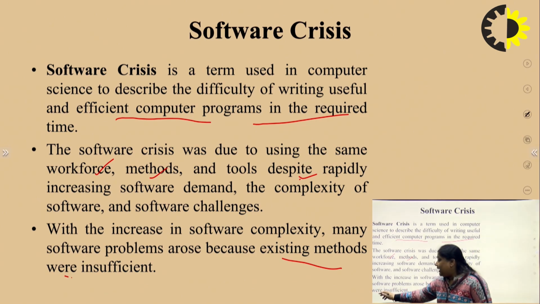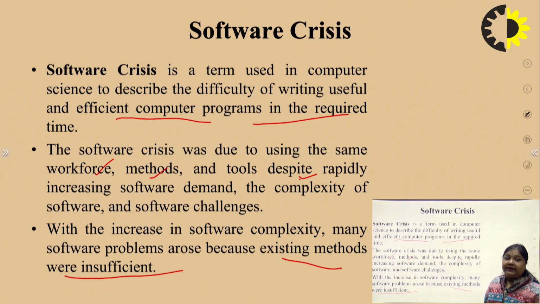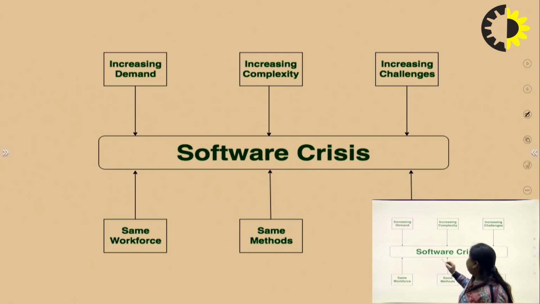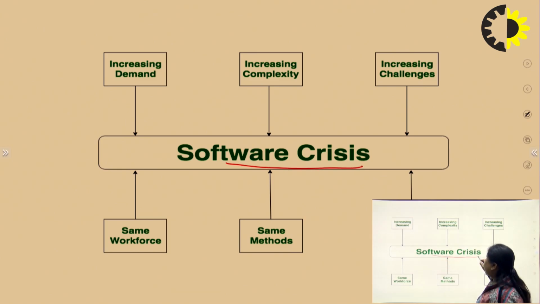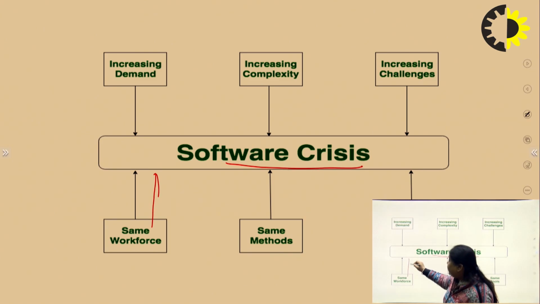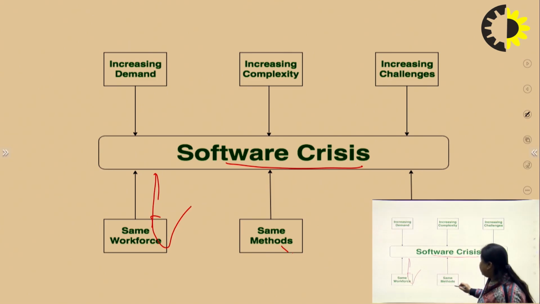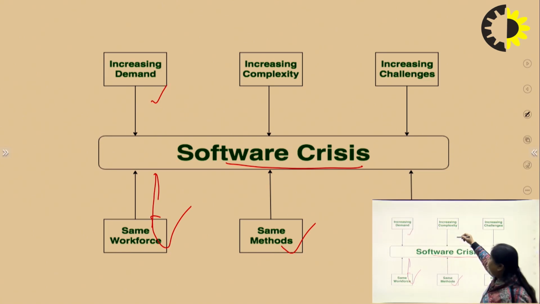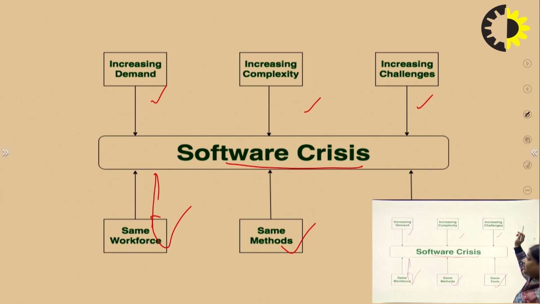We don't have sufficient methods to complete our task. So software crisis occurs when we have the same workforce, the same methods, and the same tools, while demand is increasing, complexity is increasing, and challenges are increasing. That's why it results in software crisis.